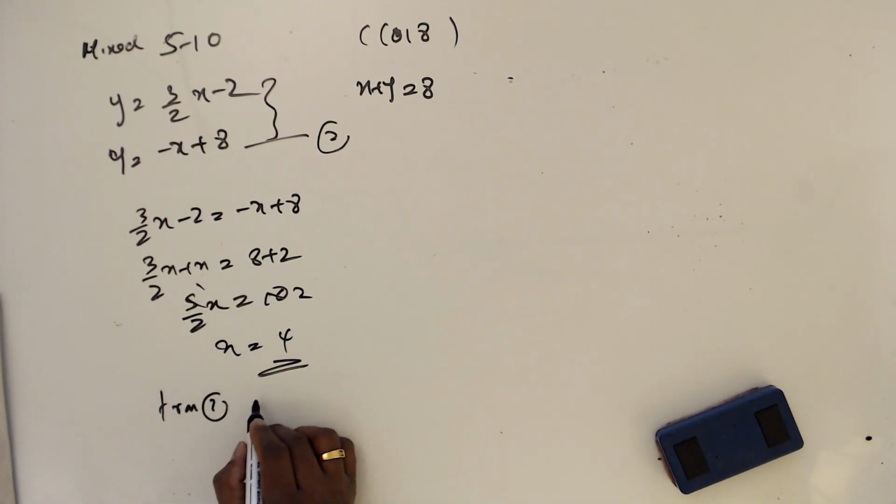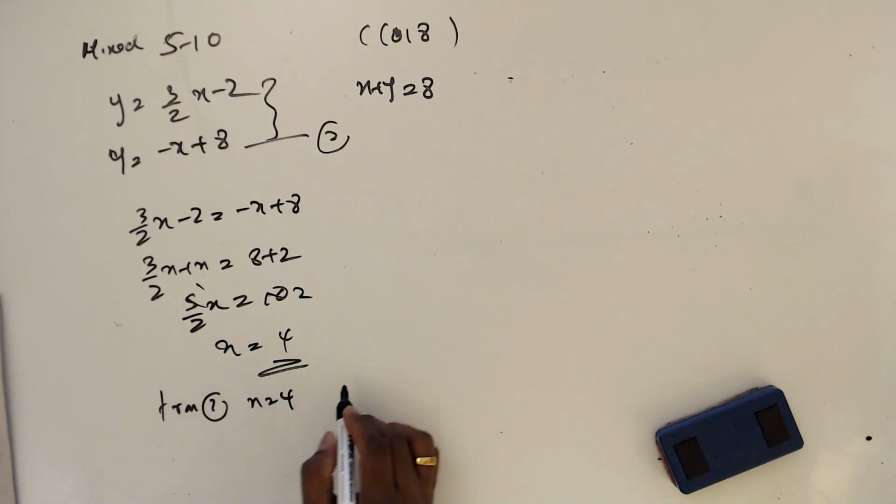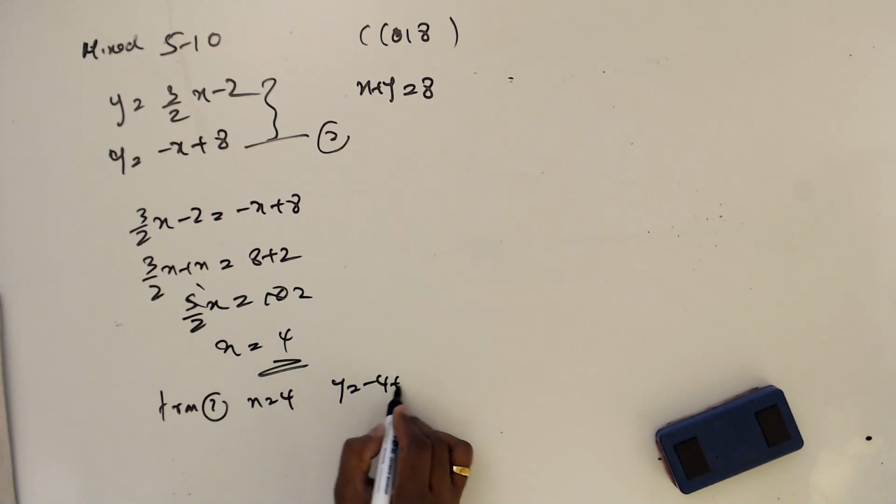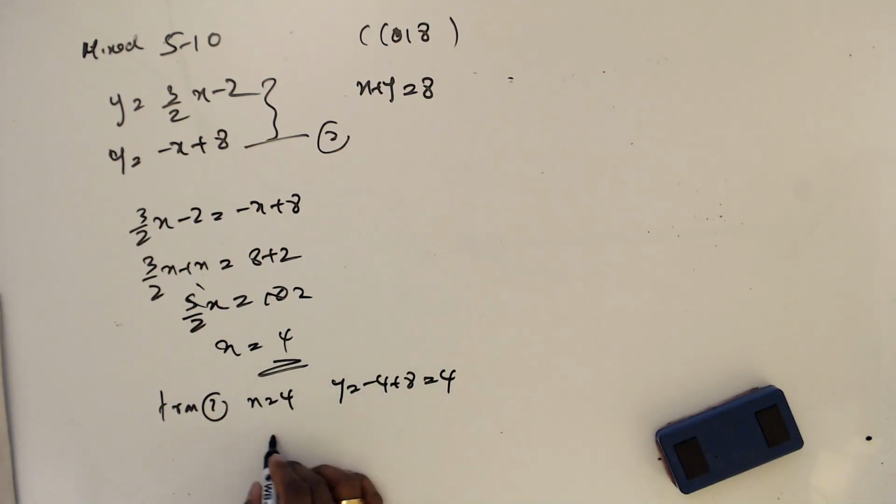From 2, when x equals 4, y equals minus 4 plus 8, which is 4. The coordinate is (4, 4).